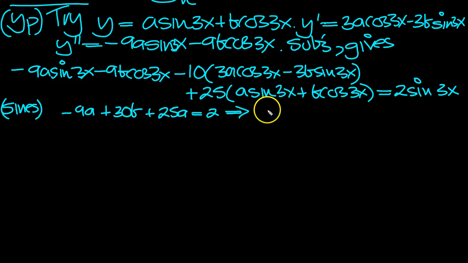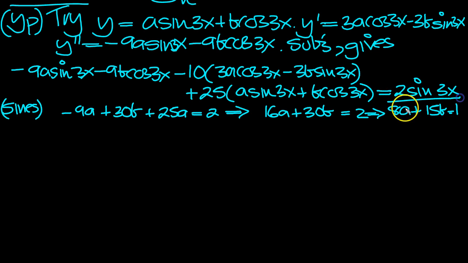Minus 9a, so it's 16a plus 30b is equal to 2, so divide by 2 all the way through, 8a plus 15b equals 1. So there's our equation then that we might use. We could also use this one if we wished. That's number 1. So let's label it as such.